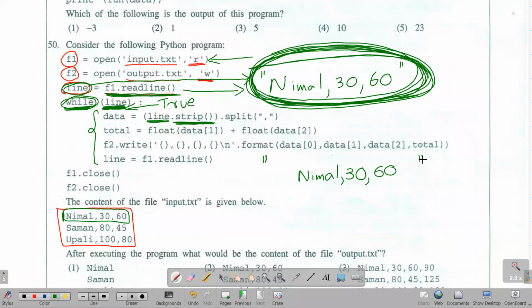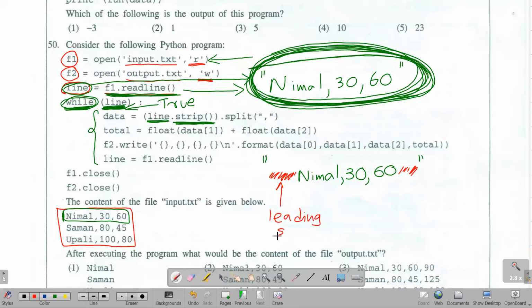The things over here are spaces, and the things over there are spaces. These are called the leading and trailing spaces.